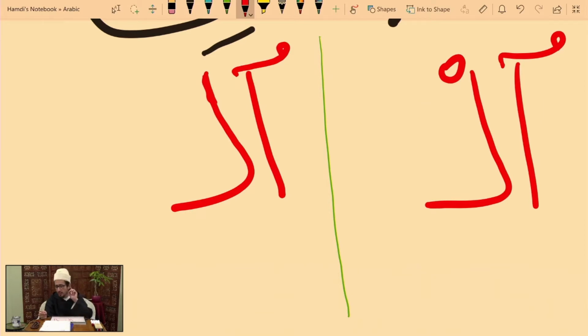And when we pronounce it, absolutely this L is as if it doesn't exist. We jump from this letter to the first letter of the noun.